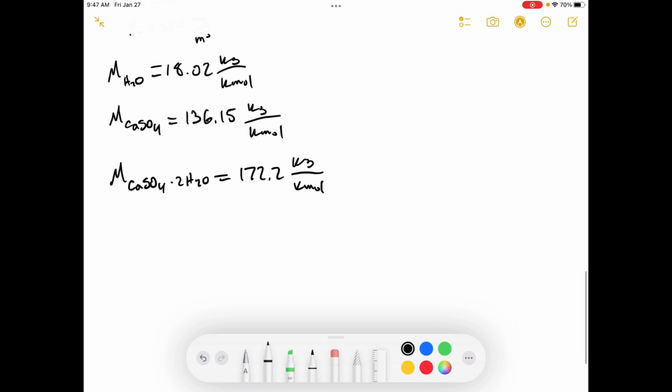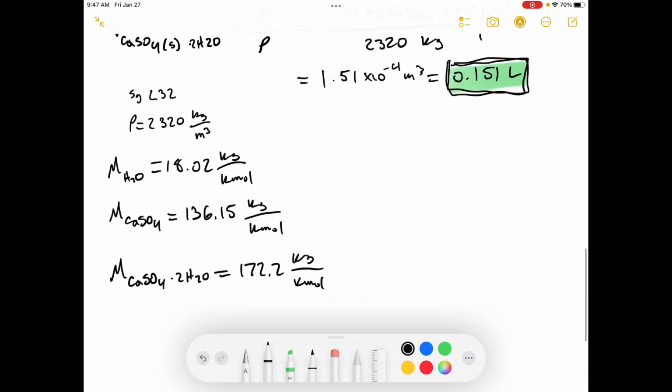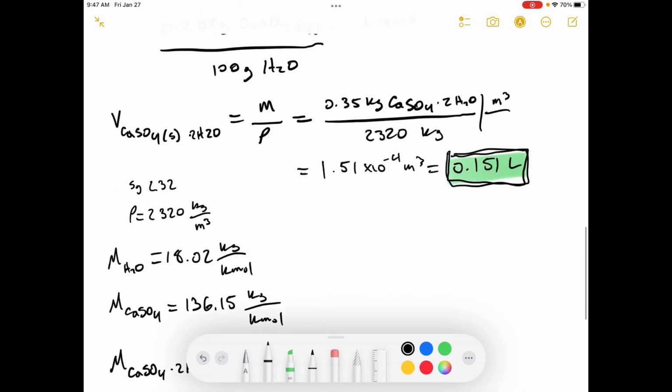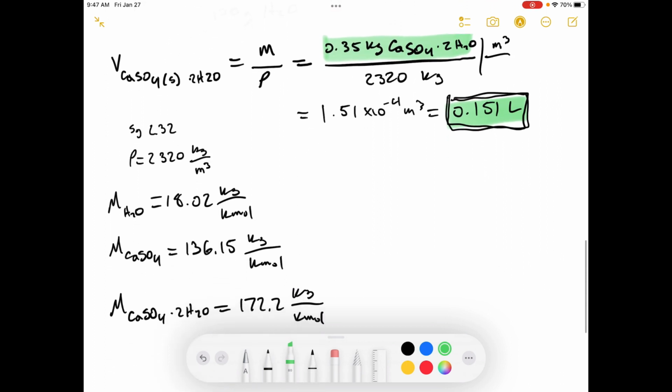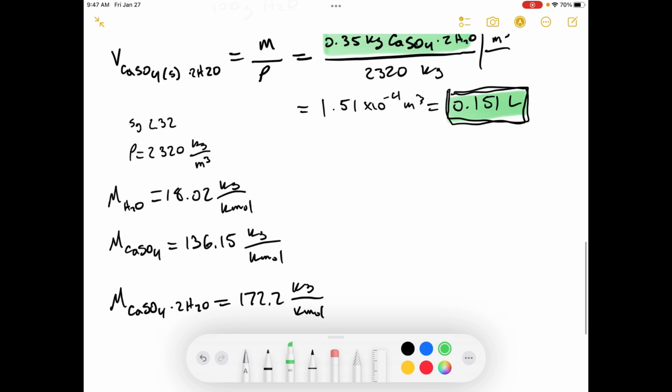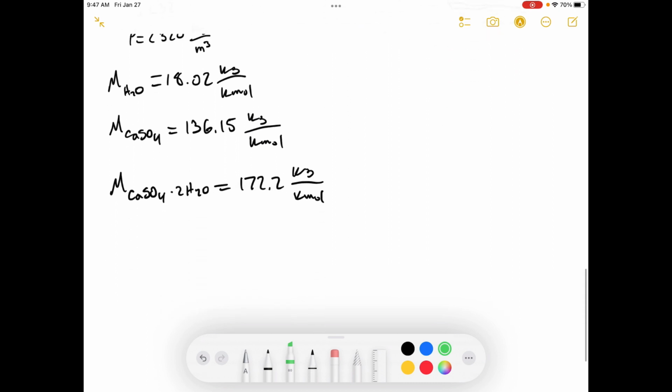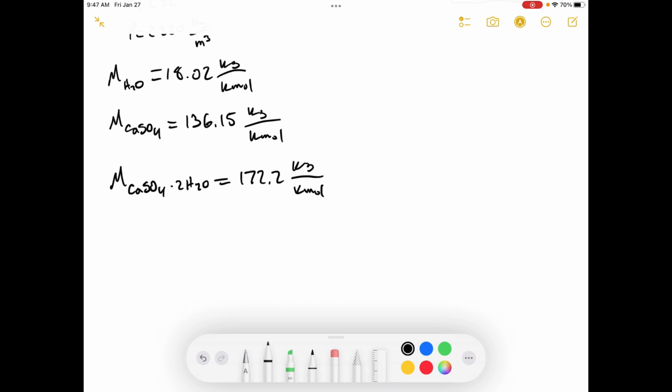Now that we've got the molar masses of all these things, we can take our mass calculation up here that we got. We have 0.35 kilograms of gypsum, and we can say, how many moles of calcium sulfate do we have?